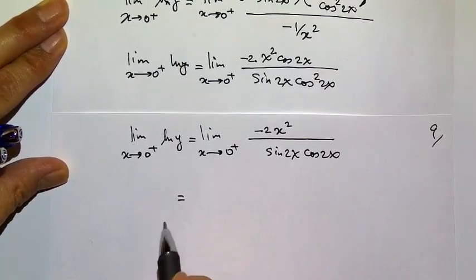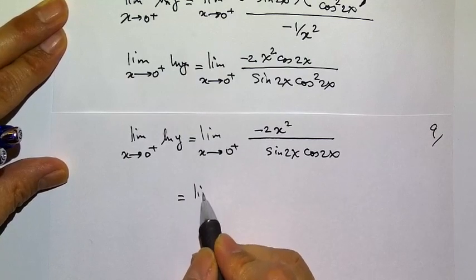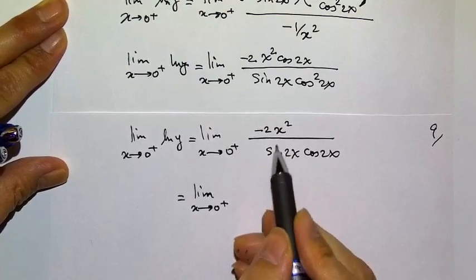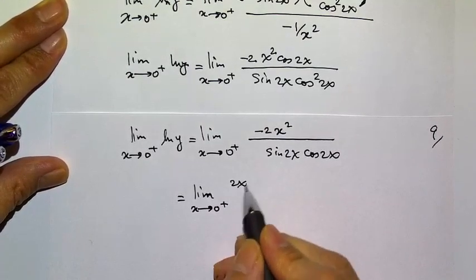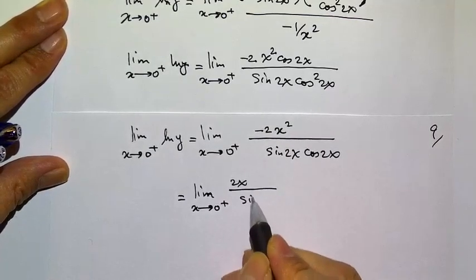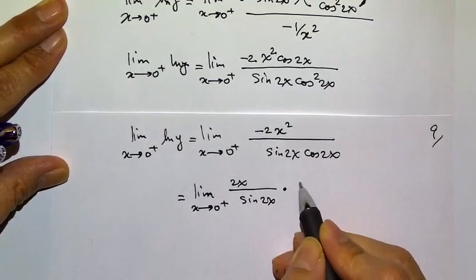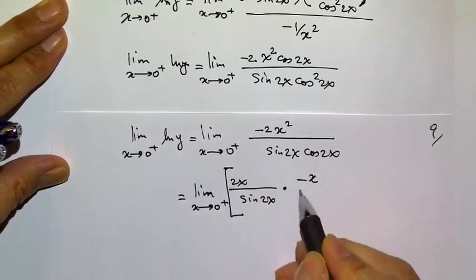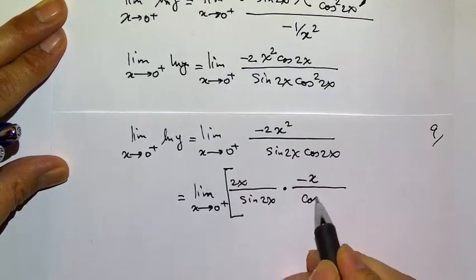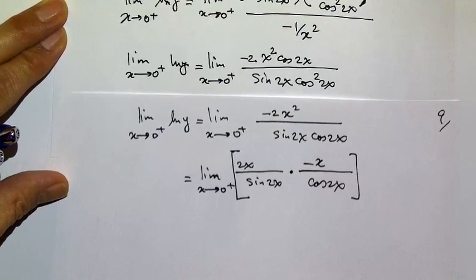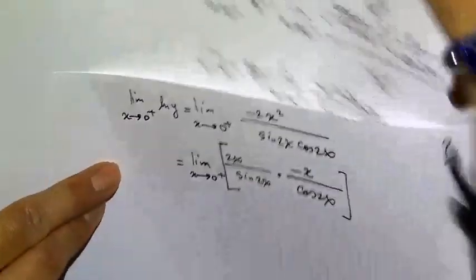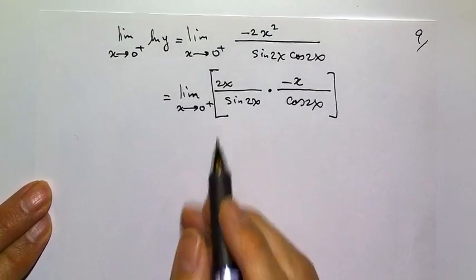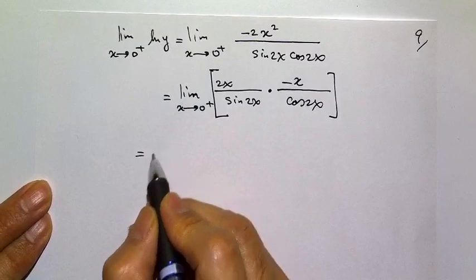And then we have the limit as x goes to 0 from the right, let's break this up. We break it up to 2x over sine of 2x times minus x over cosine of 2x. Now as we apply the limit to this, let me actually apply it to each individual one.